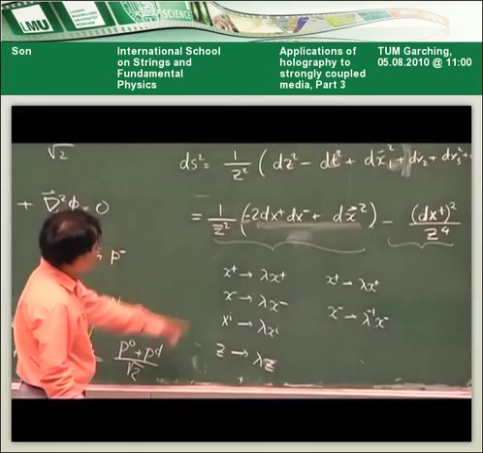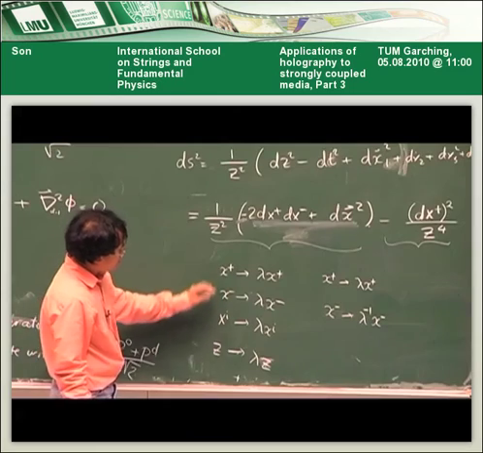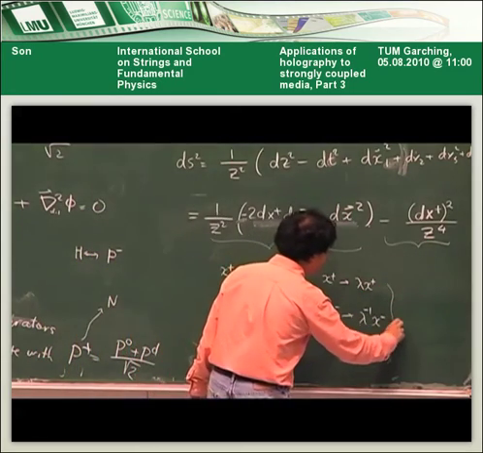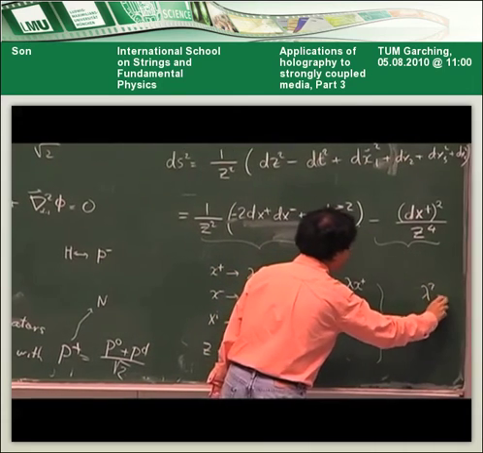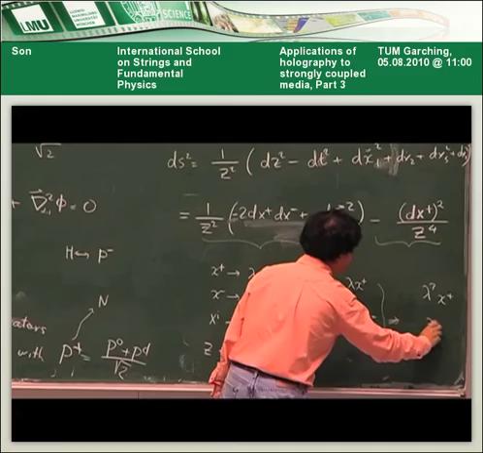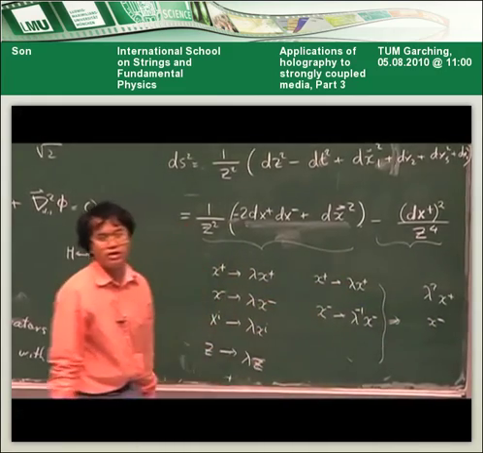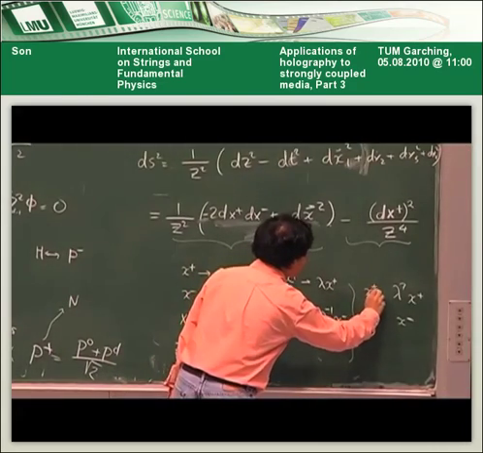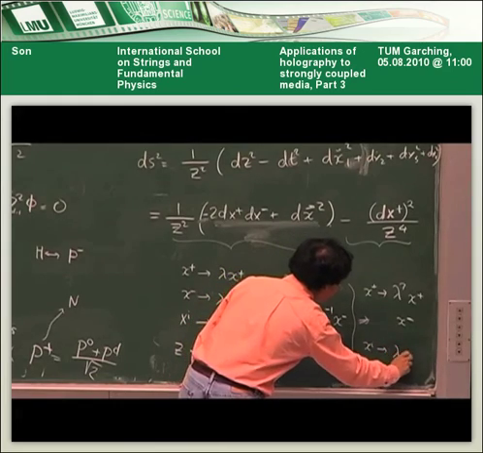If you combine this relativistic scaling and boost, you get x plus going into lambda square x plus. X minus is invariant because the scale and the boost factor cancel each other. And then xi going to lambda xi.